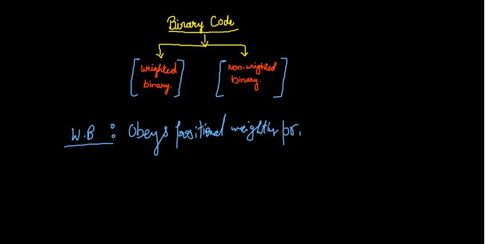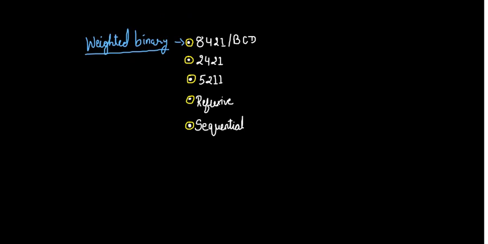So, what do we mean here? Let's understand that. Weighted binary having the positions based upon that: 8421 or BCD, 2421, 5211, reflexive, and sequential. These are the categories of the weighted binary.